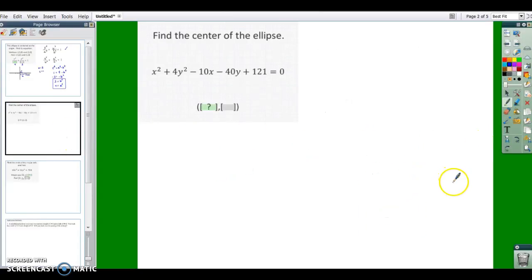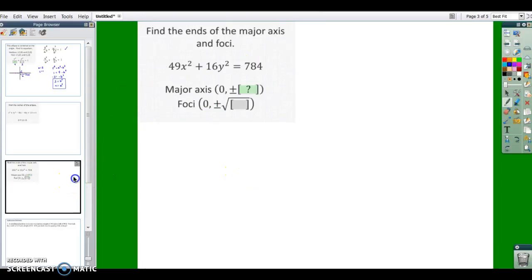Sometimes they give you an equation in this form, and this doesn't look like anything that we've done so far. So actually, I'm going to come back to this one. I want to look at this one first. This also looks a little bit different than what we have done before, because there aren't any fractions here, and on the right-hand side we've got something that doesn't equal 1.